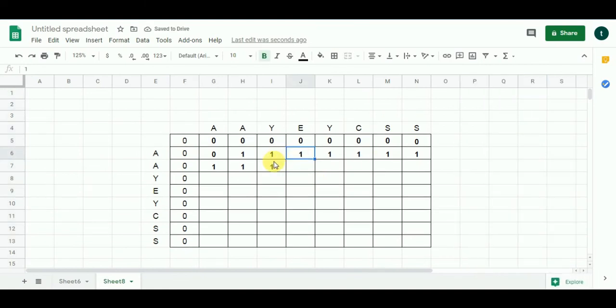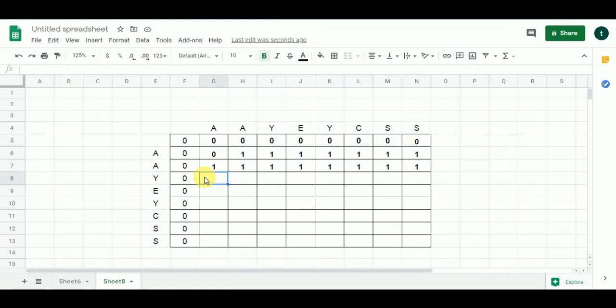Alright, now let's calculate the value of this cell. Since A doesn't match with E, it is going to be the maximum value out of these two cells, and it is going to be 1. Now it is also going to be 1 for all these cells, because A doesn't match with any of these characters.